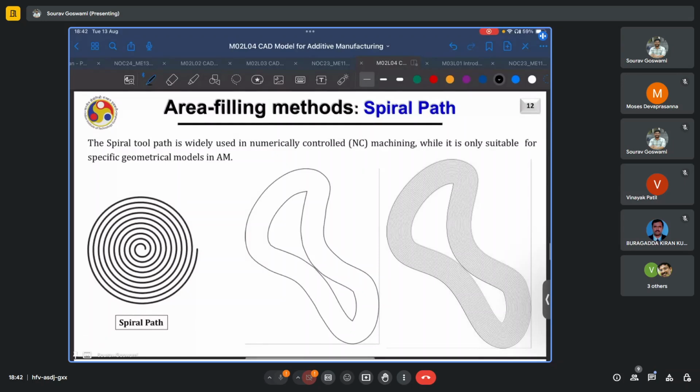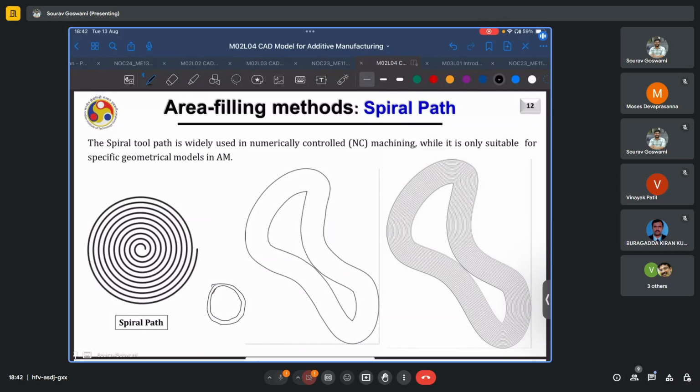Another toolpath which has been used but which is not very popular is the spiral toolpath. Say if you want to deposit something like a circular geometry, this is still okay. But for most other geometries, this does not always work well. And I have found that even for depositing circular geometry, you would typically have something like two perimeter passes.